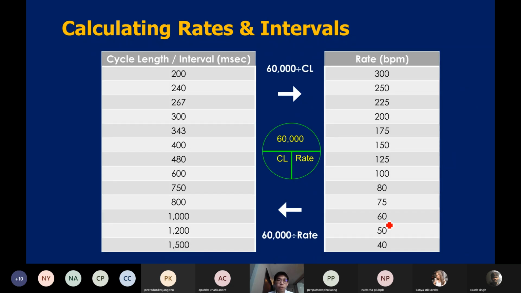Okay, so let's do this. If you have a patient who has a cycle length of 600 milliseconds, what would be the rate of the patient?